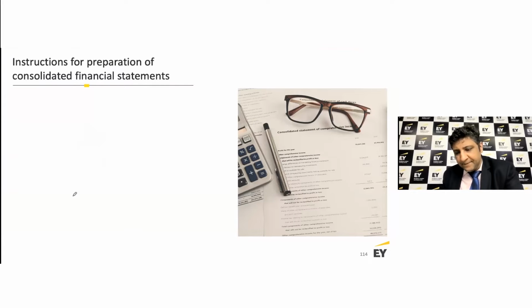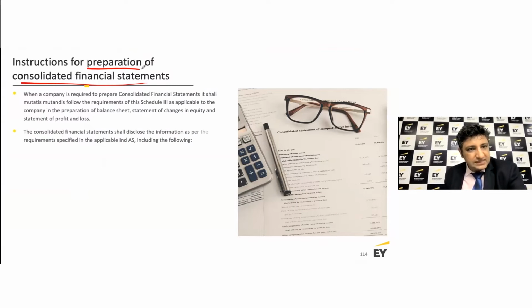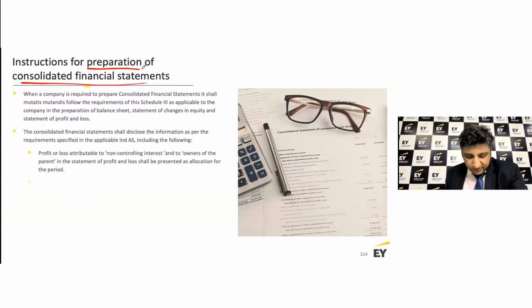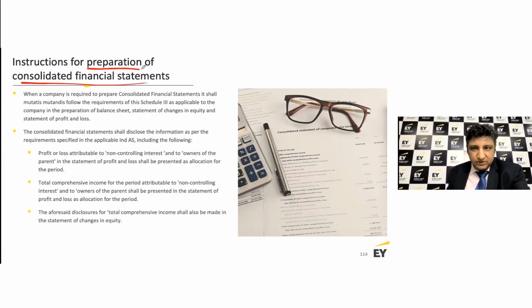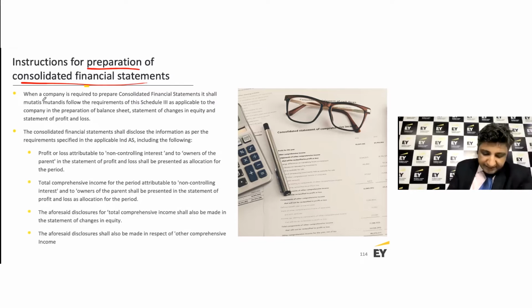But just to highlight it again, the way you prepare your financial statements for a single entity or a standalone business, you do the same way for the group financial statement. And that is what is mentioned here, that when a company is required to prepare consolidated financial statements, it shall mutatis mutandis.